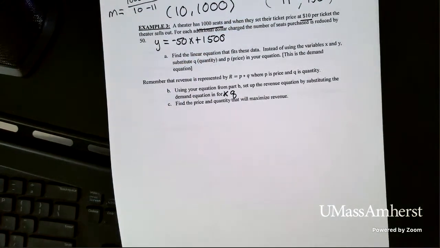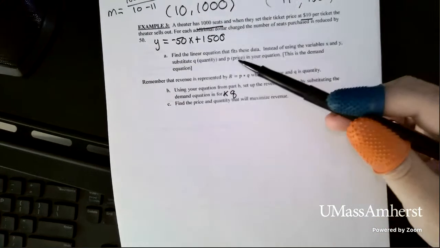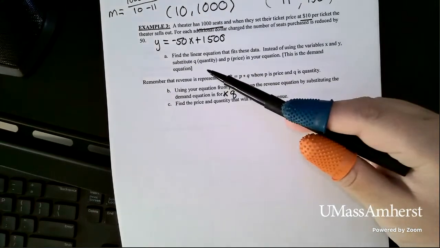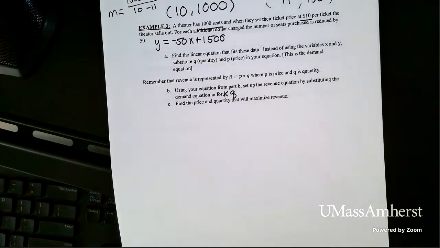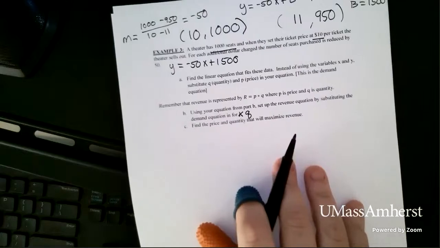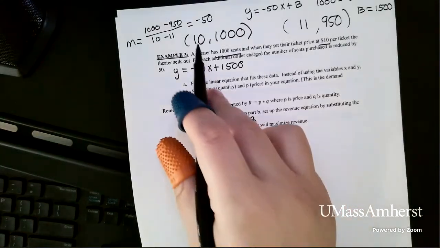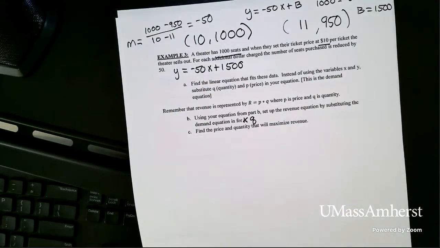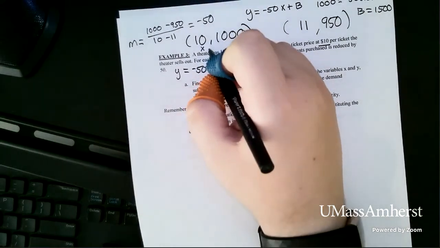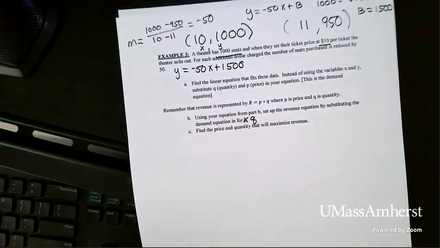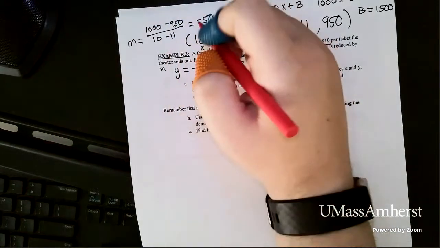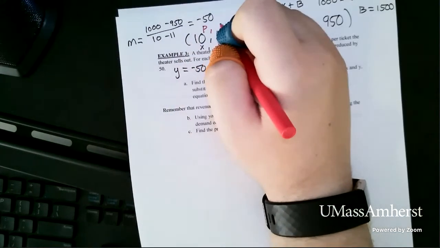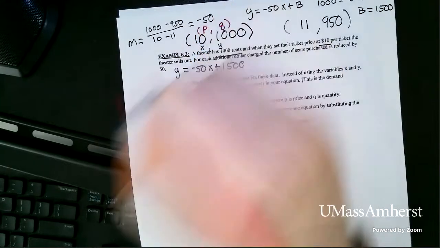But we want to rewrite this with q and p. So maybe you started that way. That's totally fine. Or you can substitute in these variables at the end. So we need to figure out where does quantity go and where does price go, right? Points are typically written (x, y), and we know that $10 is a price and 1,000 tickets is a quantity.